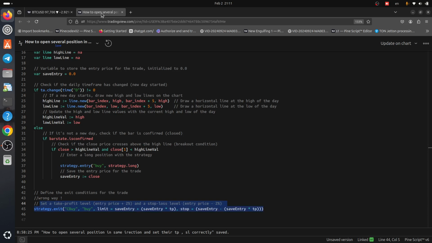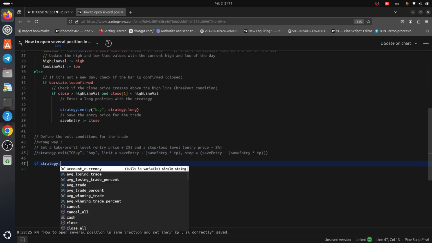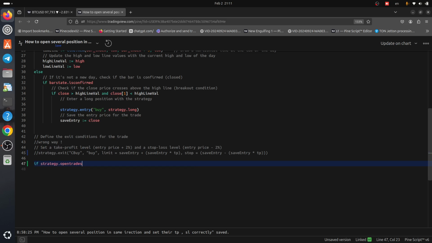How can we fix this problem? Let's write new code for a strategy exit. First, if strategy open trades is more than 0, so we have some open trades.